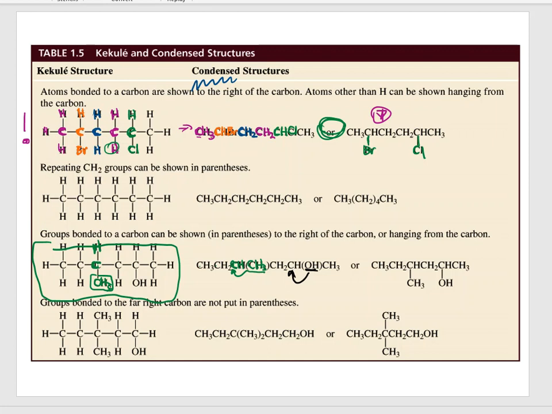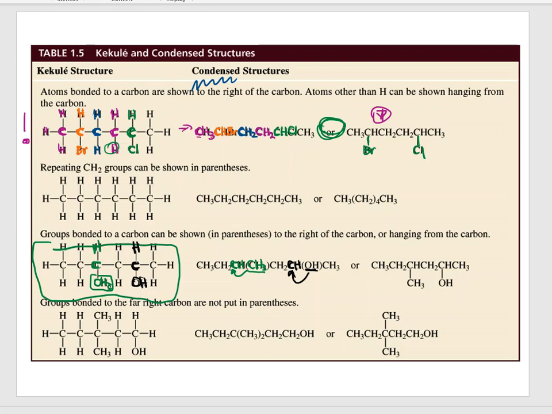And you're seeing that here. Here is that particular carbon, there is the hydrogen on that carbon, and here is the OH on that carbon. And here is that same carbon in the condensed structure. There's the hydrogen attached to that carbon on the condensed structure, and this OH group is attached to that carbon.